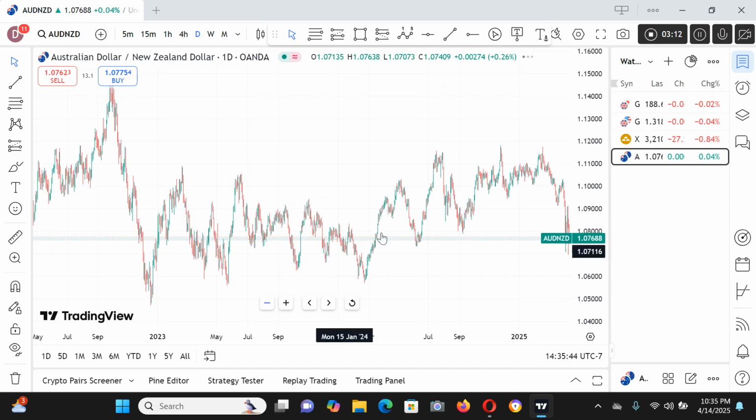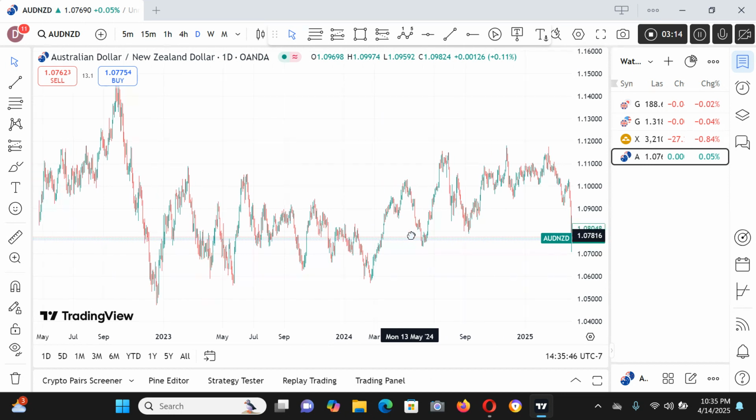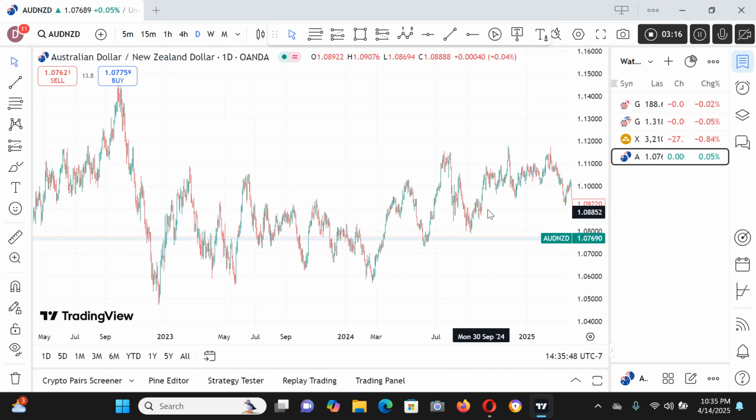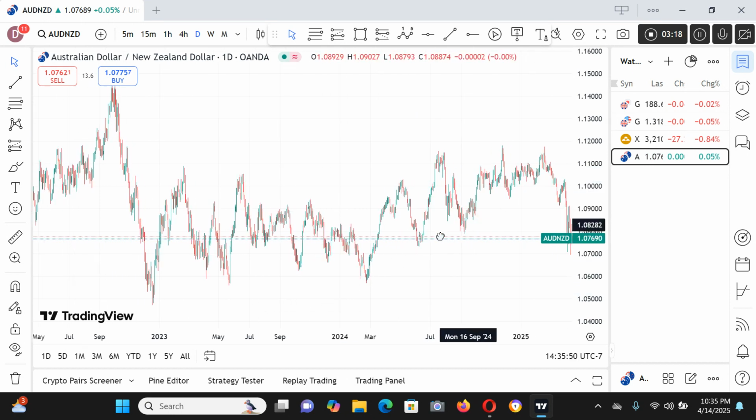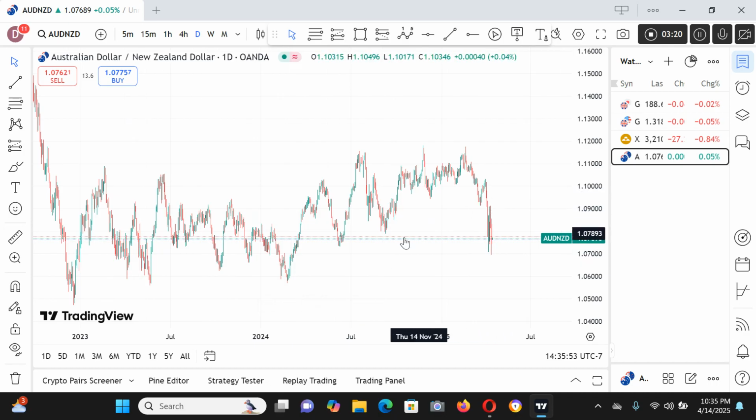So from the chart, we can say that the market is currently on a downtrend. Initially, it was on an uptrend, but it has broken the higher high. It's forming a higher low.